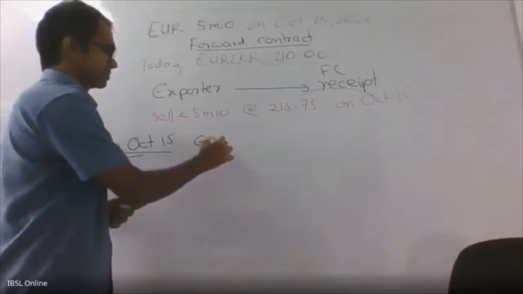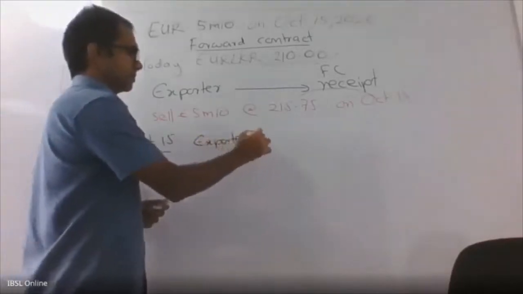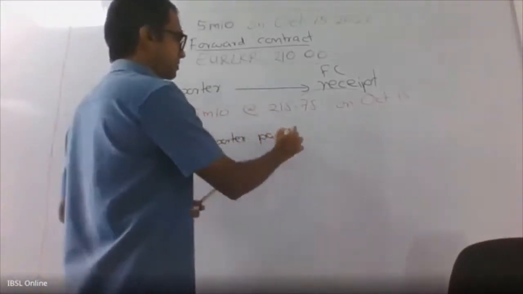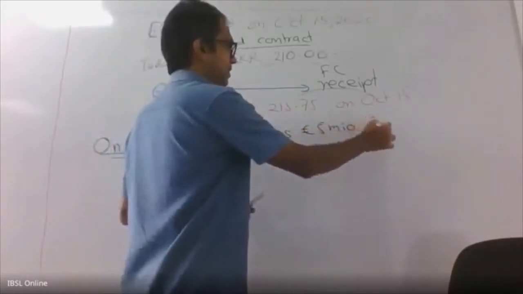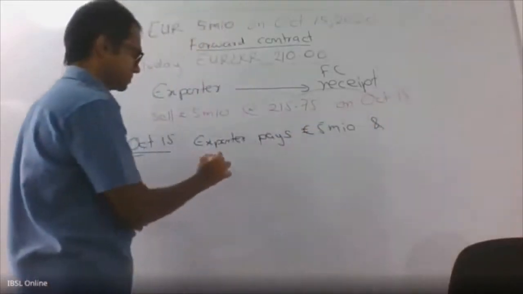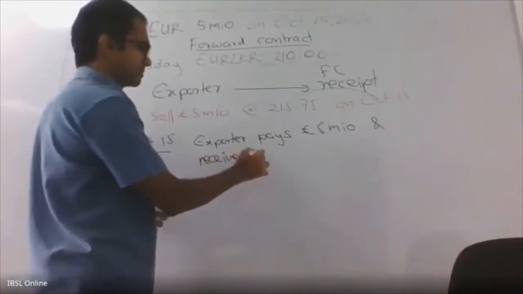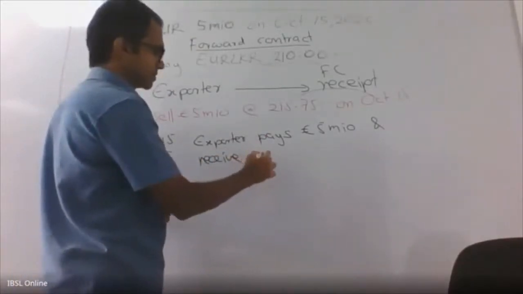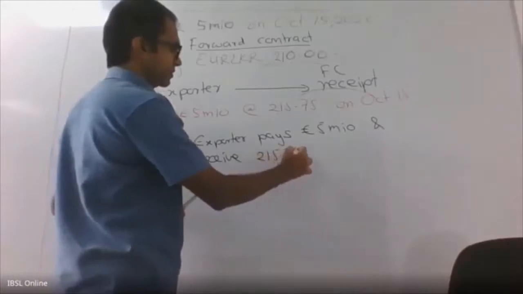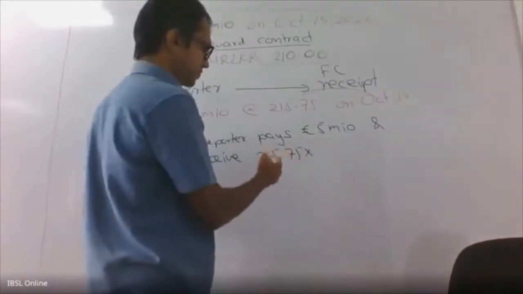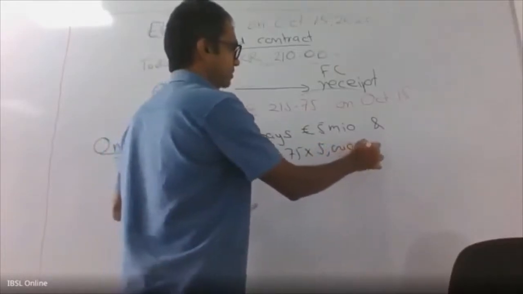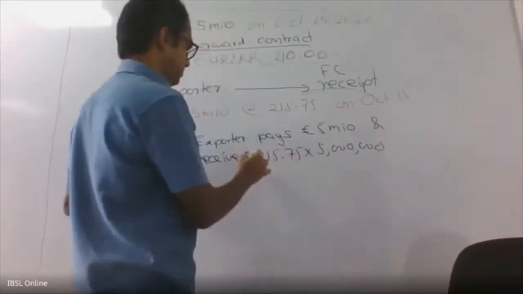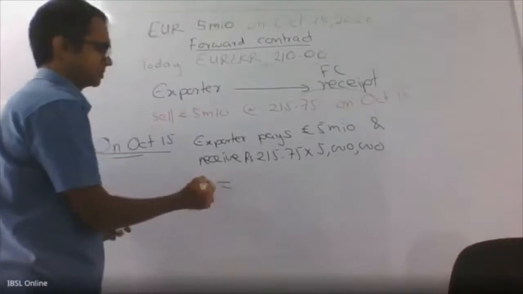The exporter pays euro 5 million and receives 215.75 into 5 million rupees, whatever the value.